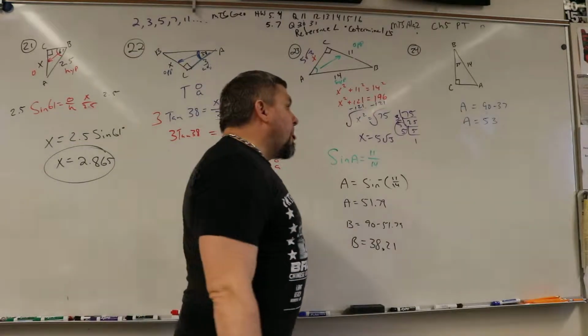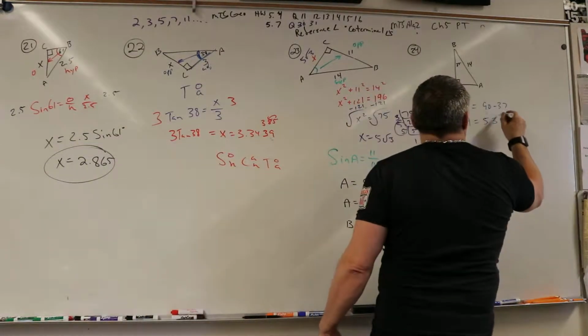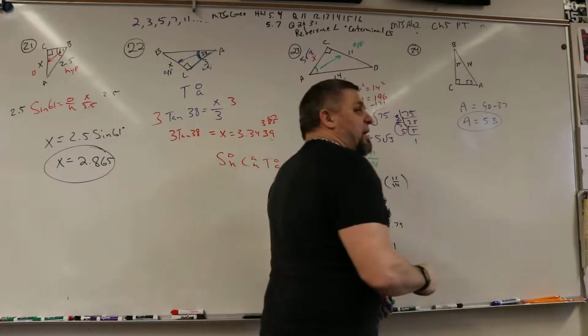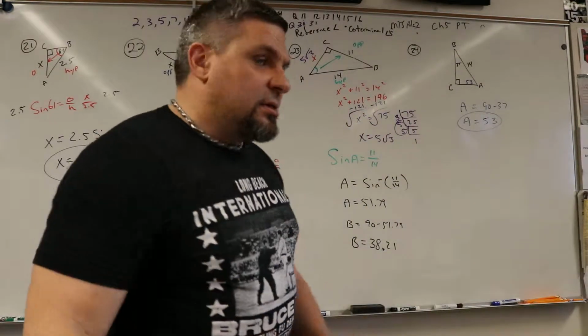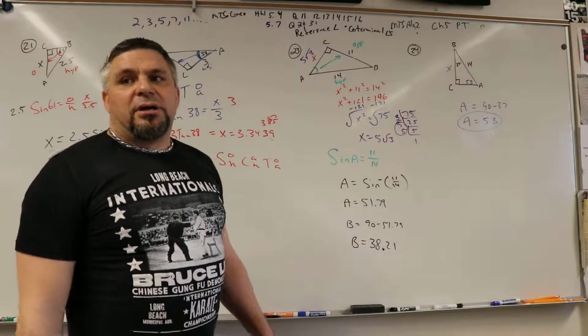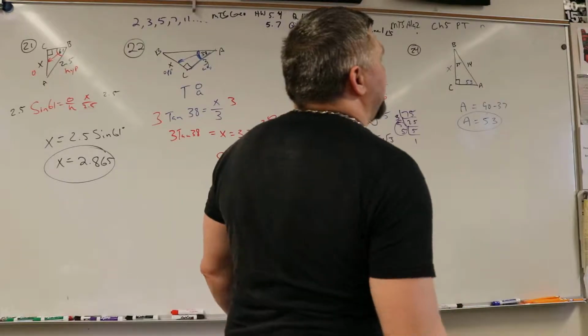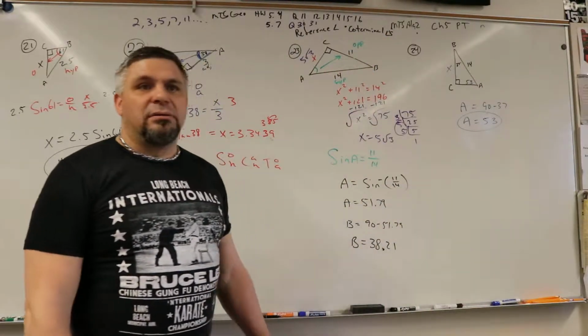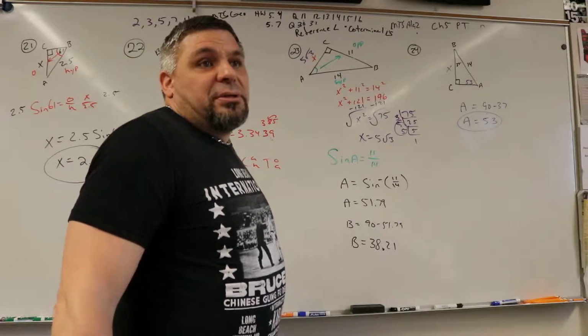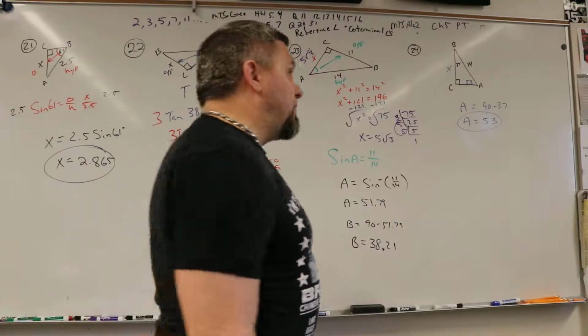Okay? Alright, so we have the angle, and now we've got to find the sides. So let's give a side x. Okay? So, opposite over hypotenuse, or adjacent over hypotenuse. Which one do you want to use? Opposite?